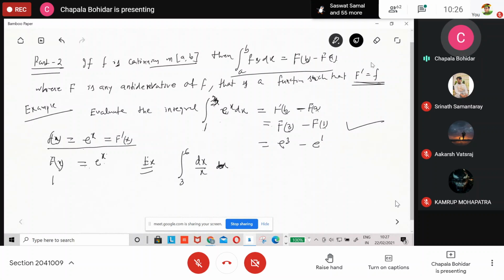So here f(x) is equal to which? 1 by x. Very good. Is it continuous on this closed interval 3 to 6 or not? Yes. Differentiable also?